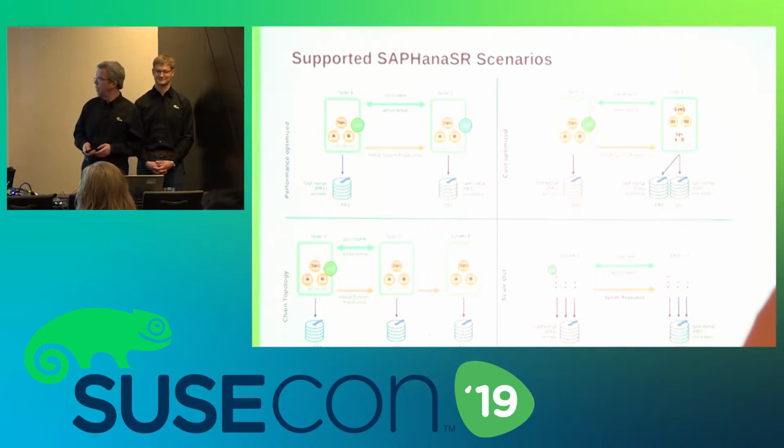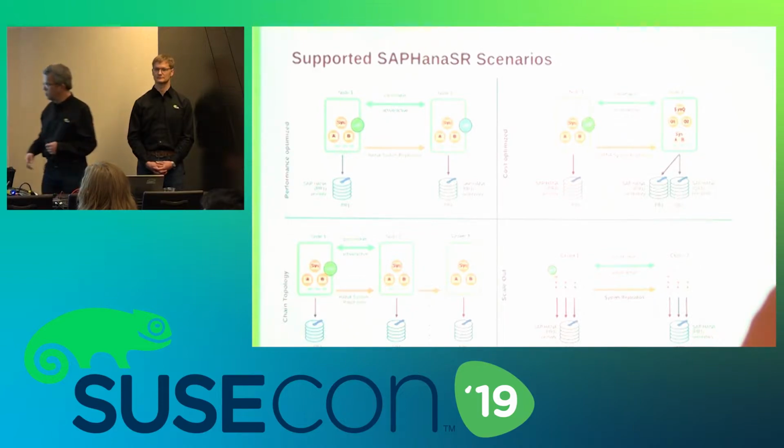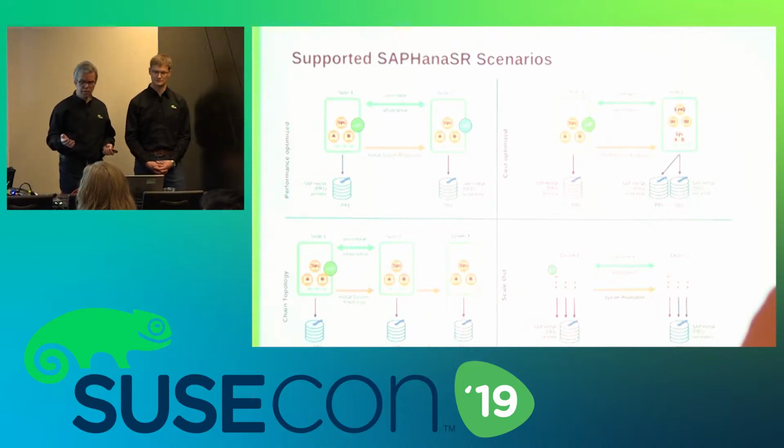You can also have chain or multi-target situations where, in the cluster, we are only viewing the first system replication. So in the chain, the dotted line could be another, maybe very remote, data center.